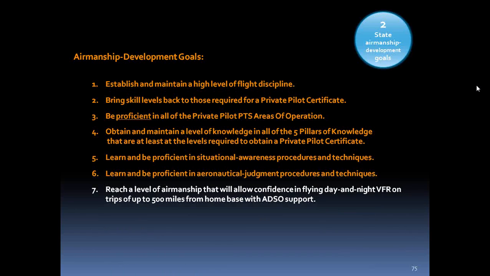And ADSO is the acronym for a generic term, Airmanship Development Support Organization. So this means that's his team. Joe has an effective team, dispatchers, maintenance, mentor pilots, all of that wrapped around him. And so therefore, because the mentor pilot and Joe know that, then they can craft the level of qualification he has to reach to do this kind of flying.